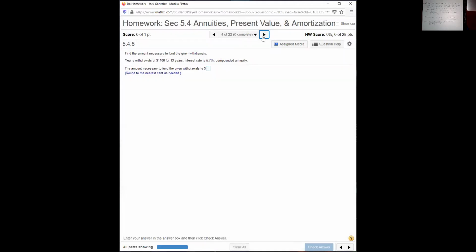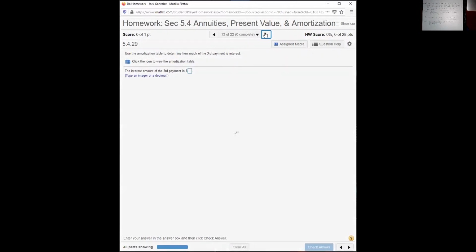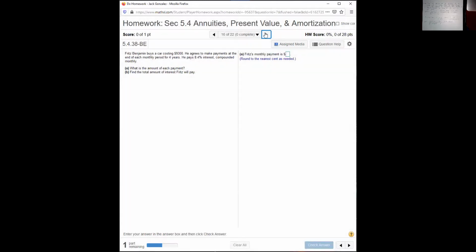So it's going to be similar stuff, except we use a different present value formula. Yeah, I don't see anything. I don't have any questions on payments.